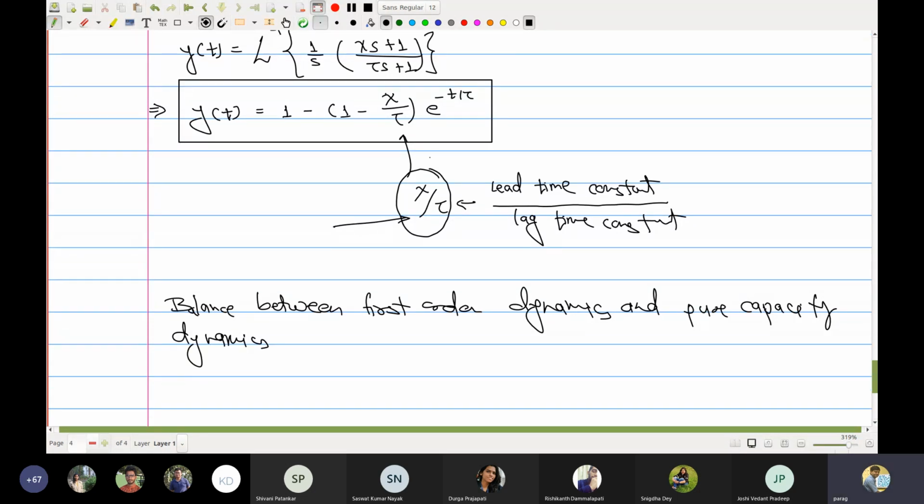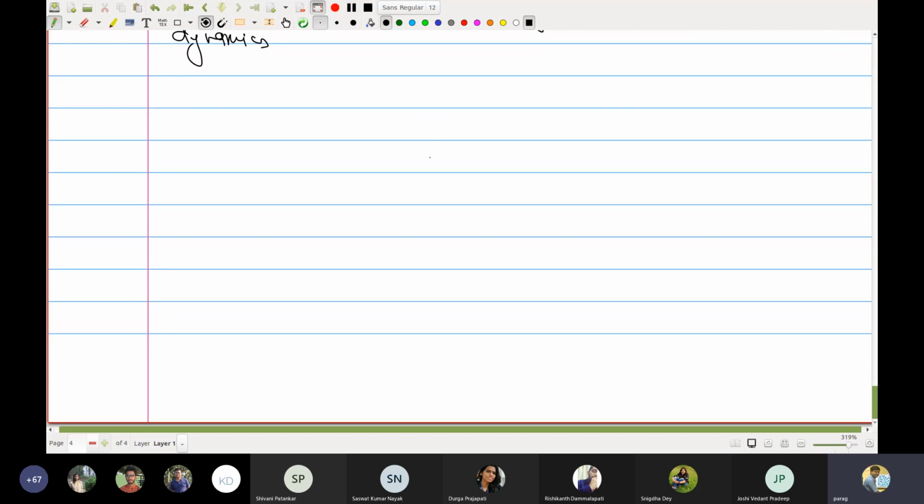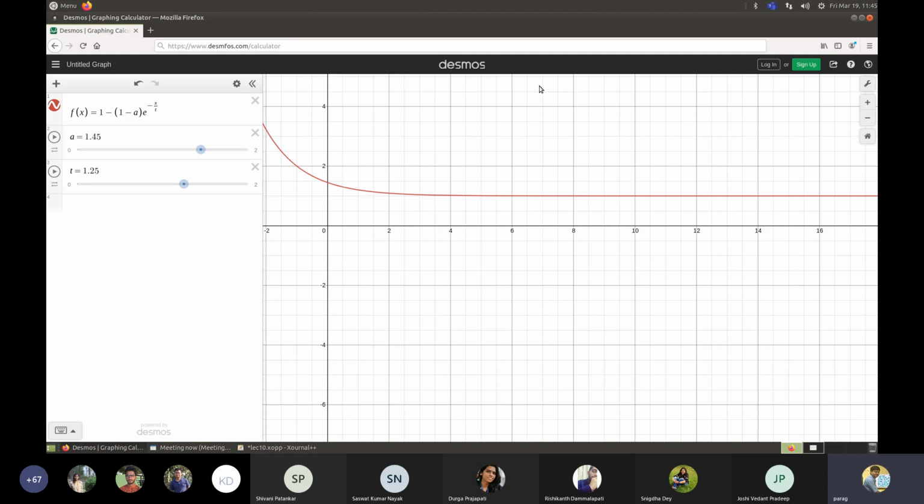And why does this happen? This happens because of this psi s plus 1 over tau s plus 1 type transfer function, and because of this characteristic, which is shown here, where you go from 0 to the magnitude of the ratio, and then you either go up or go down.